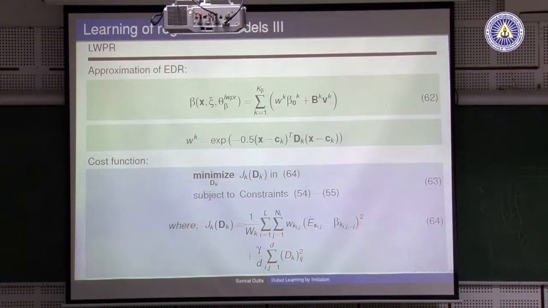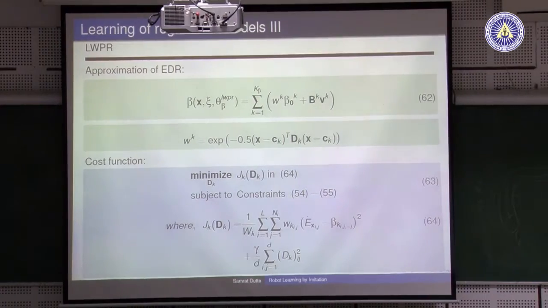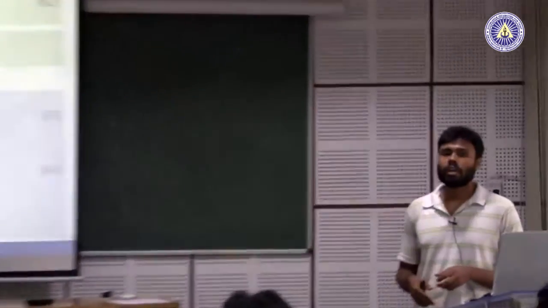Another good thing is that it can be used for incremental learning. Suppose you have learnt a dynamics for a particular set of demonstrations. Again, after some days you feel like, well, I need another kind of motion. So, you can use that particular model you have already learned, take another set of data, and incrementally learn the new dynamics.